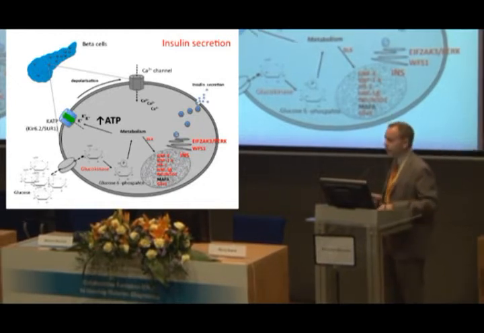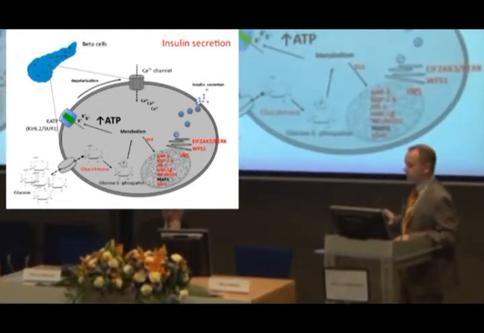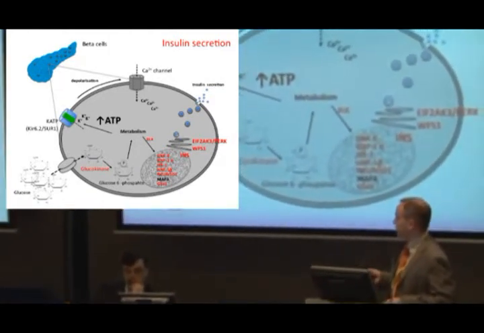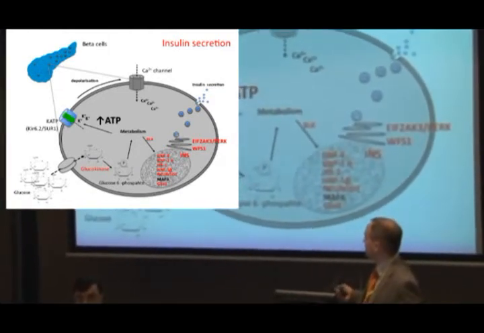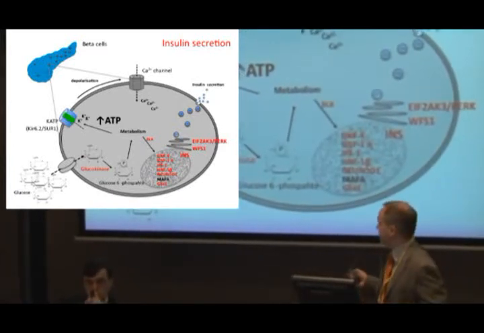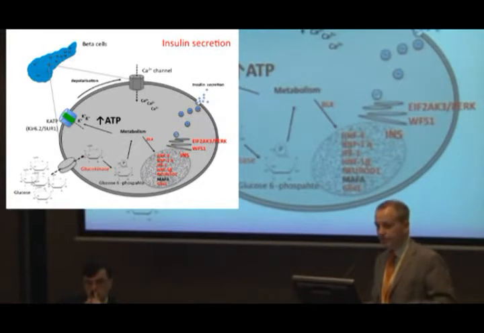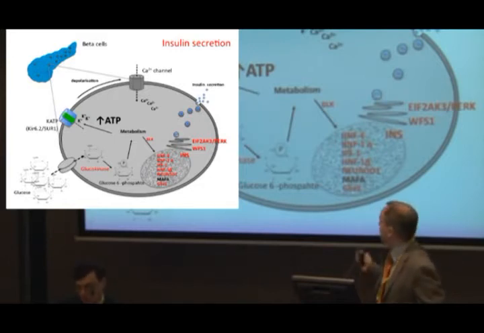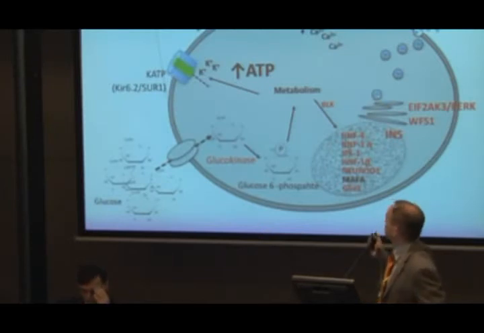But after a meal there is an increase in glucose production and increased glucose level, and after that the metabolism of the beta cell is also increased, and there is a high concentration of ATP in the beta cell, and this potassium channel is closed. So this is related to the depolarization of the membrane and the influx of calcium ions, and finally insulin secretion.